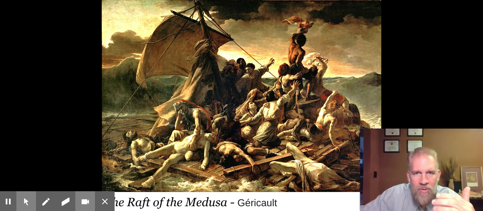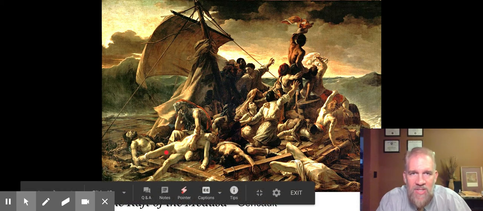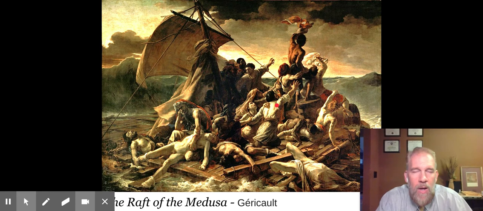You know that this old man over here is clutching the body of his son. He's given up hope. These people over here are weak and desperate, but they're still clinging to some desire that perhaps they'll be rescued after days and days on the open, cold ocean.